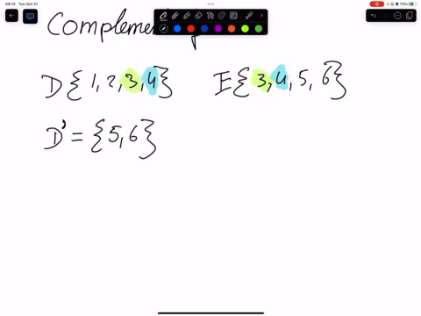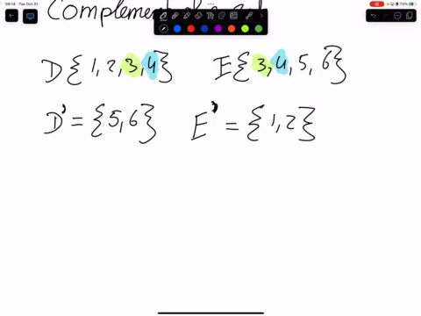We can also proceed by saying, I would like E apostrophe. It's the same thing again. Meaning all the numbers that are not in E but do appear in D, which is 1 and 2. As I said, this is the easiest chapter that exists.